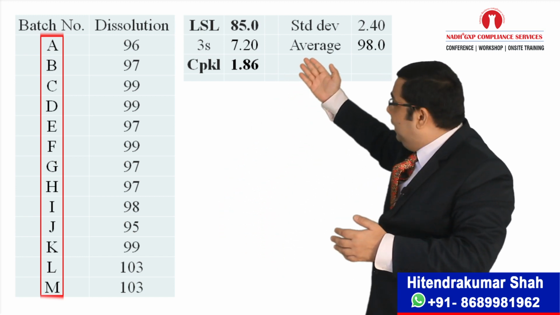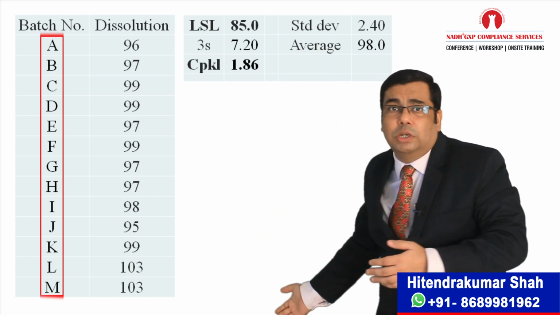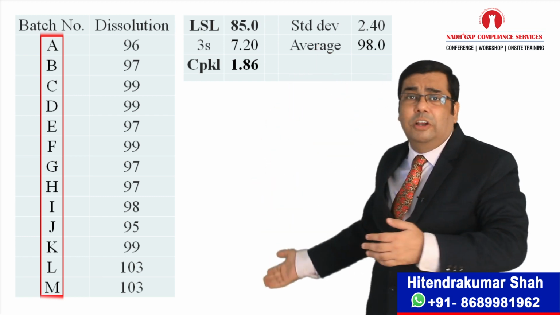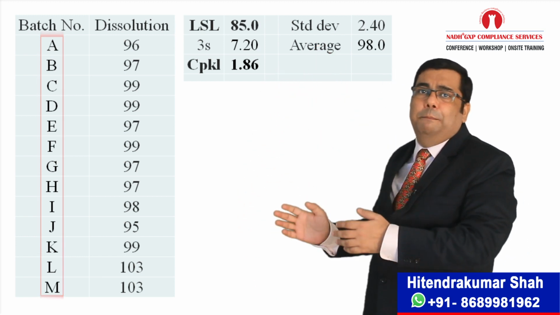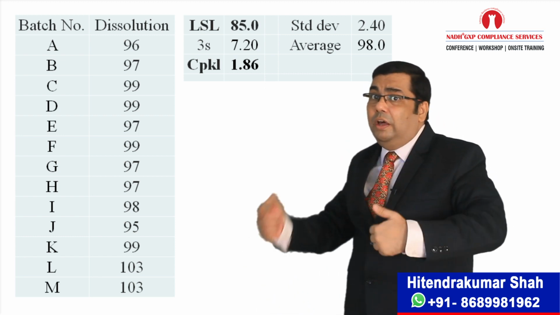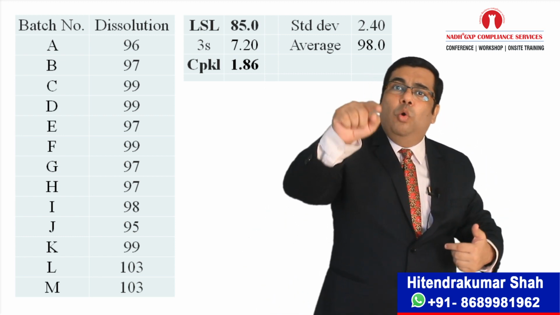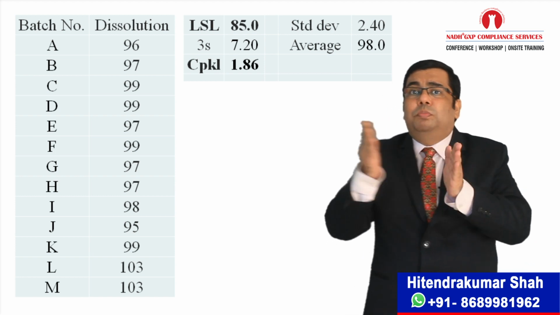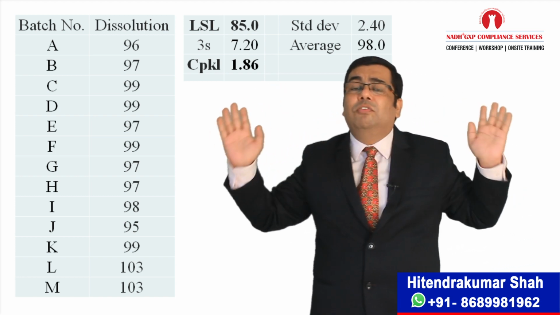Similarly, let us calculate the CPK for the lower value by taking the same batches A to M with the dissolution test. These are the dissolution results for batches A to M. In a similar way, we calculate CPK lower, because here the limit is a lower limit. For the dissolution test, the lower limit is not less than 85%.